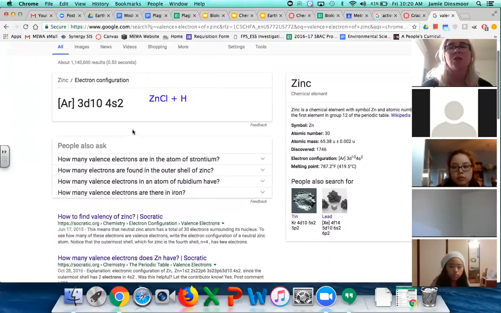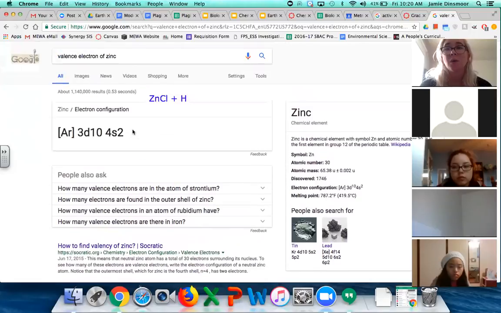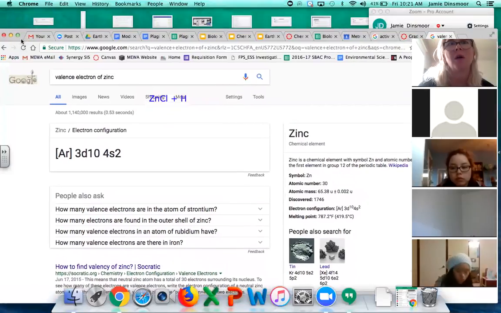But I'll just tell you guys, the answer is 2. There's 2 valence electrons in zinc, which we probably could have gone through some of those websites and seen. Most metals have 2 valence electrons, although there's some that have 3, right?